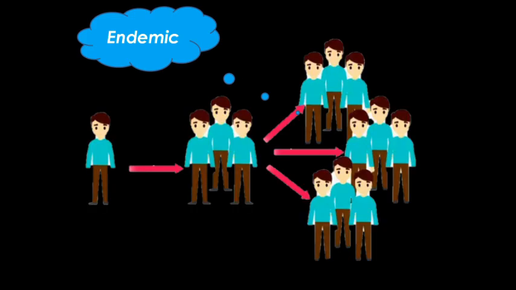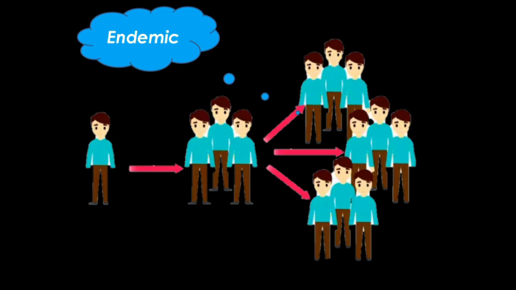Now let's see what are endemic diseases. Endemic again is a Greek word formed by two words, en and demos, where en refers to within and demos refers to people. Thus, the word endemic stands for that infection which is constantly maintained at a baseline level in a geographical area without any external inputs.